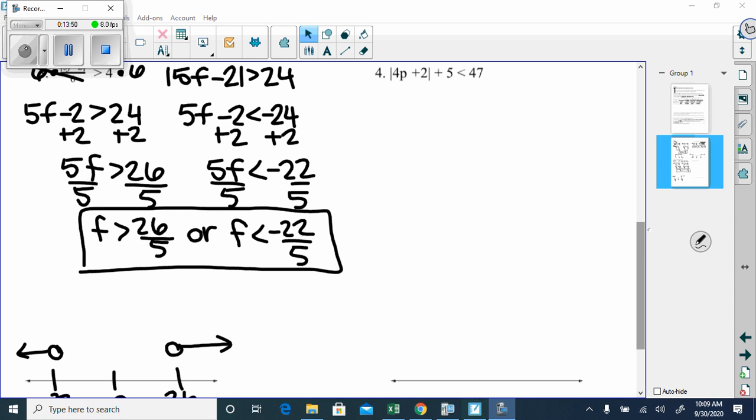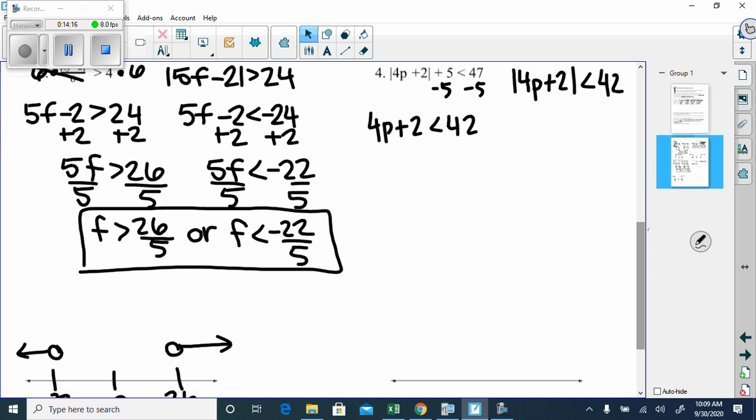So before I could set up my two equations, I had to isolate. So what did you guys do? Okay. So I subtract 5 from both sides of the inequality, and I was left with the absolute value of 4p plus 2 is less than 42. And I set up two equations based on that. So I had 4p plus 2 is less than 42, and what was my second equation?